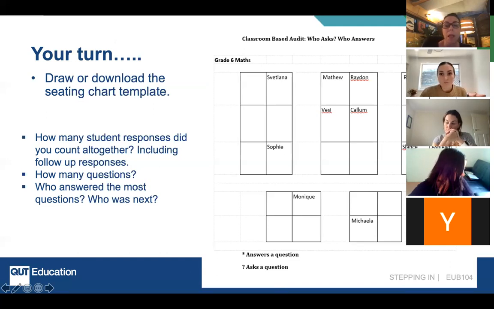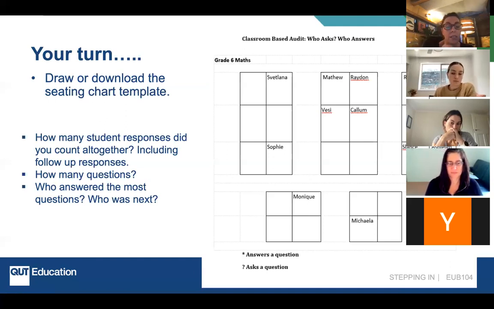A lot of teachers also map where they're actually moving and the time that they spend in specific areas, which is another way of looking at engagement. Ashley and Vessi answered the most because the teacher asked a lot of follow-up questions, and it was to those particular students.